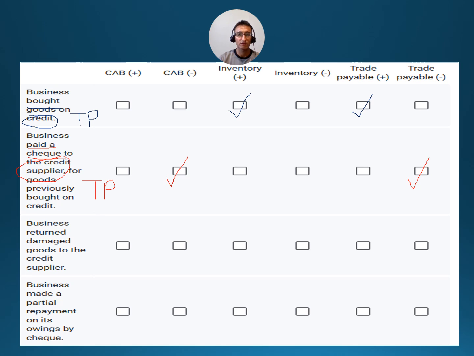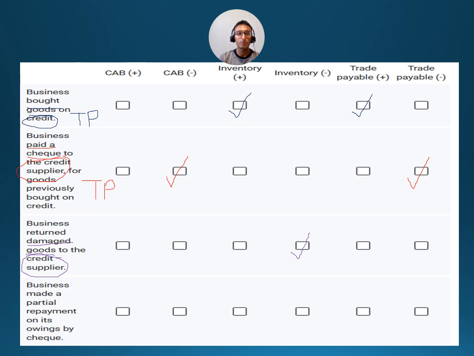Okay, next transaction here, business returns damaged goods. There is more information given here on why they return the goods: it is damaged. So when the business returned damaged items, the business will have less inventory. And again we see here credit supplier.